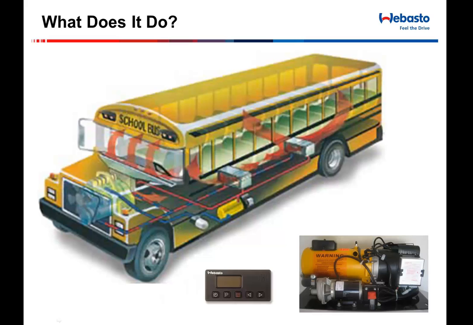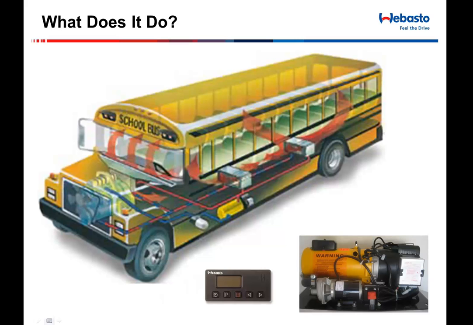When the timer activates, the Webasto will start pulling fuel out of the tank. It'll burn that fuel and transfer the heat being generated into the coolant system, and then with the Webasto circulation pump, it'll start pushing that hot water through all the heat exchangers, through the defroster, and back through the engine.